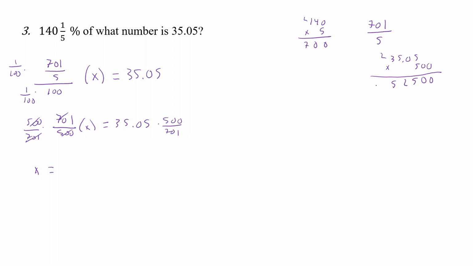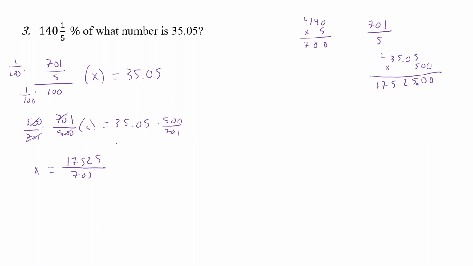That's going to be 15, so that's going to be 17. Now I have two decimals, so I have the decimal here. And so that gives me 17525 over 701.